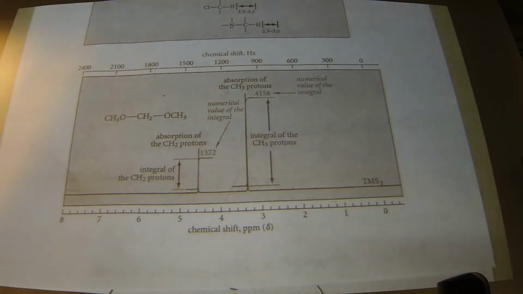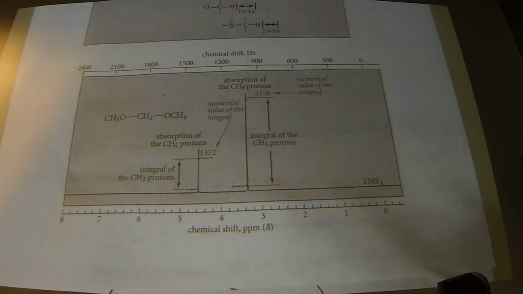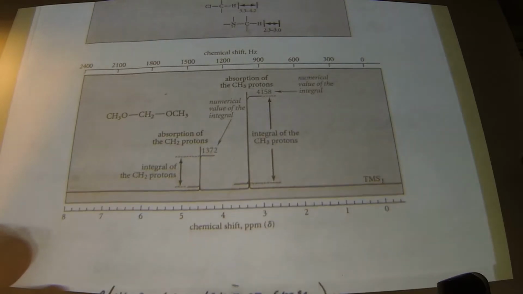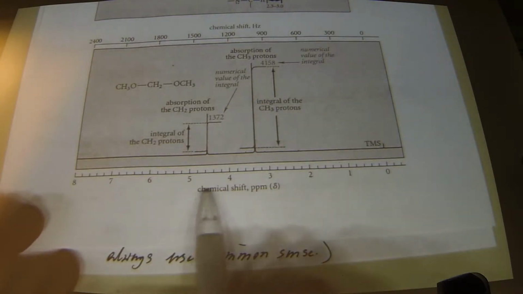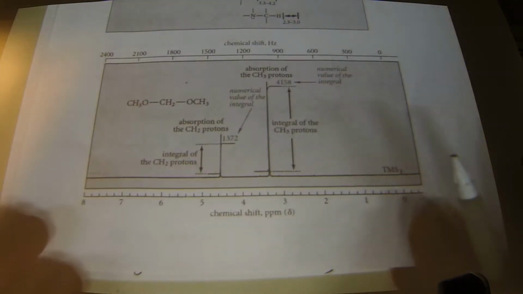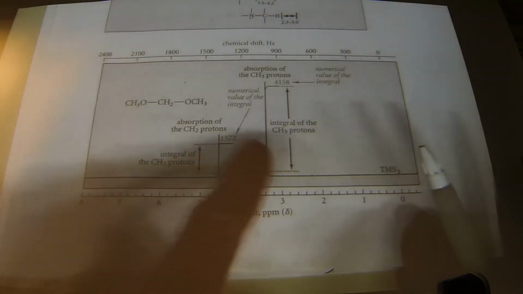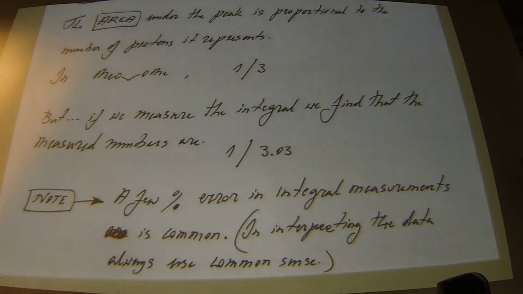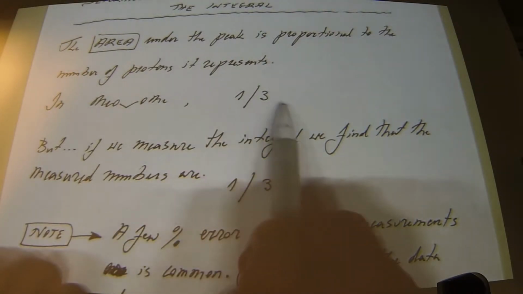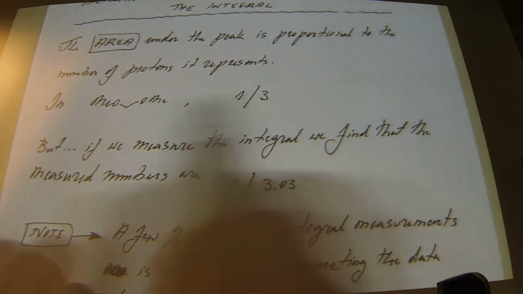The ratio is equal to the ratio of the areas. Or in some of the modern spectrometers, they just give you a little number under here. It gives you the same information, but the number you're looking at is the ratio of the areas under each peak. Okay, so in dimethoxymethane, the ratio is 1 to 3, but it's not 1 to 3, it's 2 to 6 actually, right?